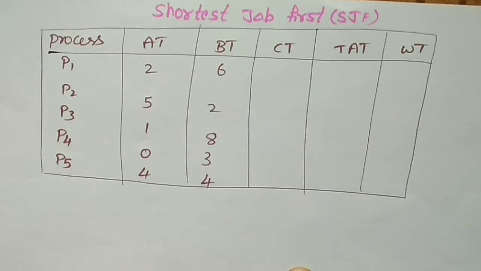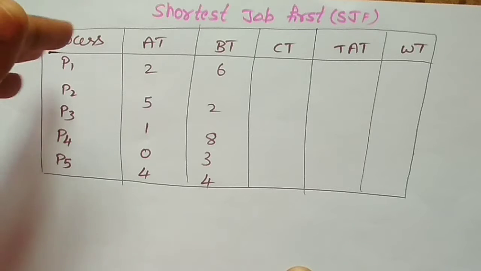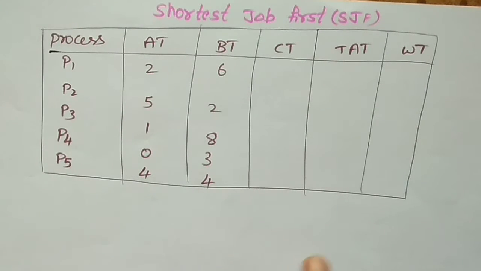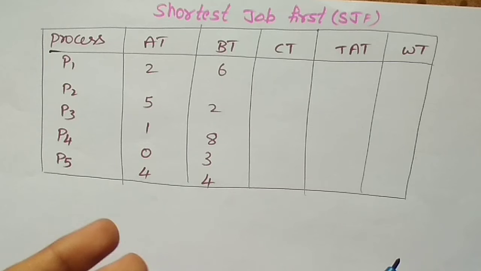By this advantage, it improves the process throughput, and it is mainly used in the batch processing system. You can learn about the batch processing system in the previous videos. Batch processing means making a batch of different jobs and giving it to the operating system for execution.